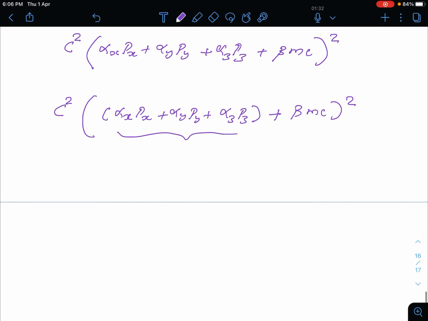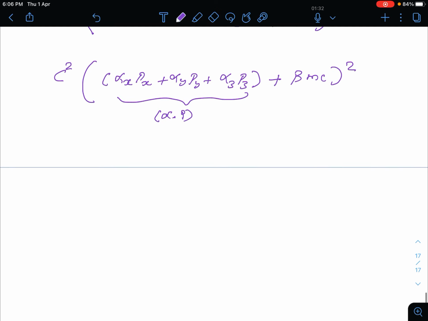What I am going to do is just square it. Don't worry. So this I am going to write as alpha dot p. Alpha is a vector and p is also a vector. So that is c square into alpha dot p whole square plus beta square m square c square plus 2 alpha dot p beta mc.